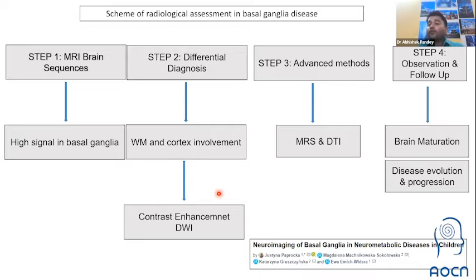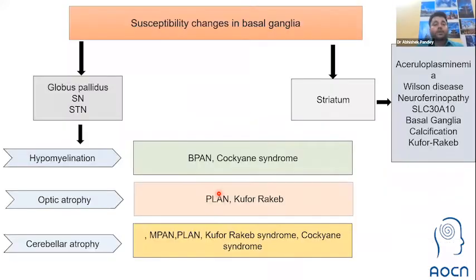The most important is regular follow-up and observation, because sometimes myelination or normal brain maturation will be mistaken for pathology on T2, so we have to repeat the imaging in regular follow-up. And sometimes if the disease presentation is in the early stage, there might be just subtle changes or maybe no changes at all. In that condition, we have to repeat the imaging in the later year.